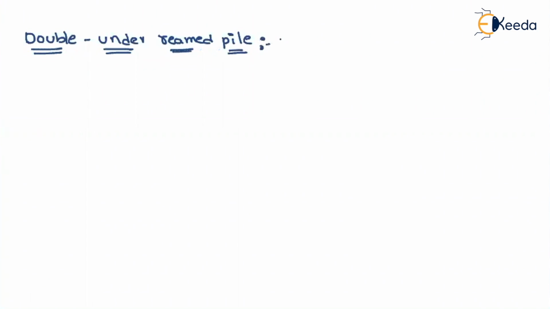As an example, let us see the double under-reamed pile. Let us consider a pile with two under-reamed bulbs.